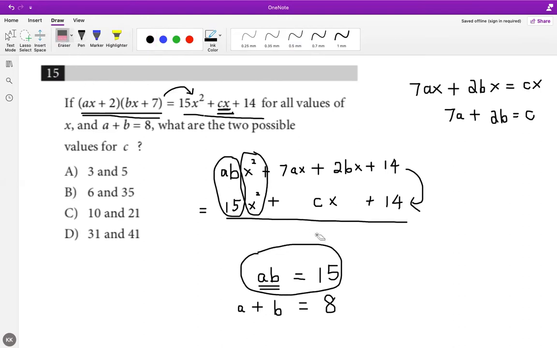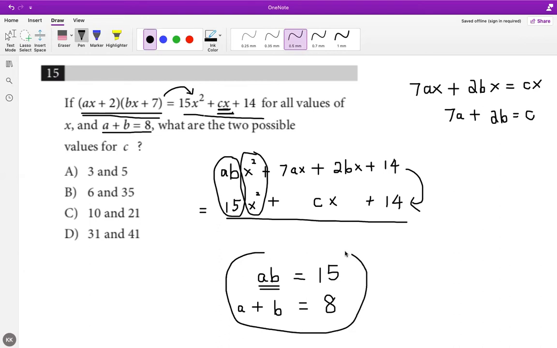This is the most important part, and it gives you the second hint for this question. I know that two different numbers multiplied together give the product 15. And I also know from the previous question that A plus B equals 8. So this is my second equation. I can solve for A and B since we have two equations right here.